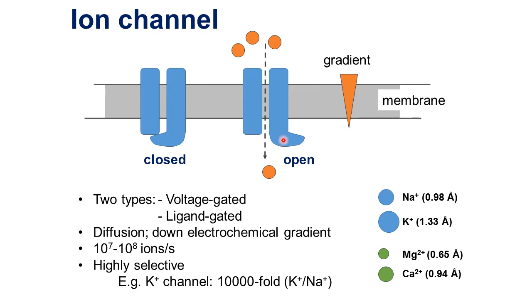Ion channels can either be open or closed, and this is facilitated by a so-called gate. And there are two types of ion channels depending on how the gate is regulated. They are either voltage gated ion channels or ligand gated ion channels.